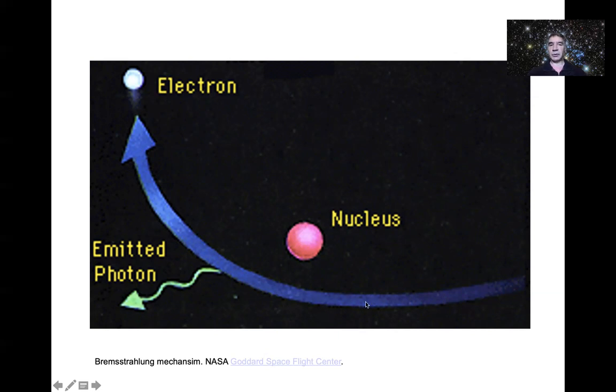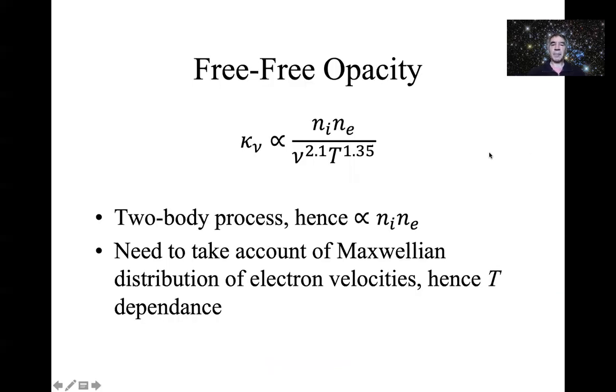So to arrive at the amount of emission or absorption due to these processes, you need to take into account all of those different parameters. So that's very involved, and we're not going to go through that.